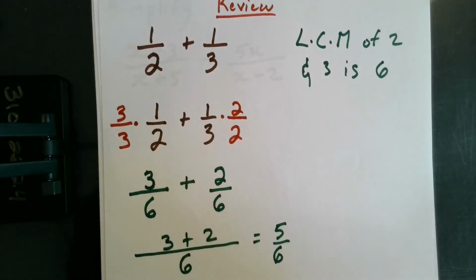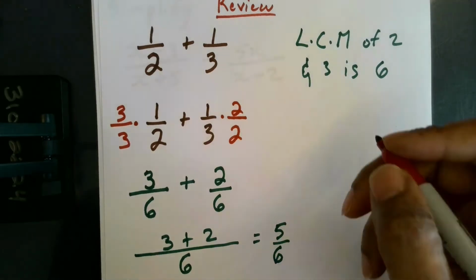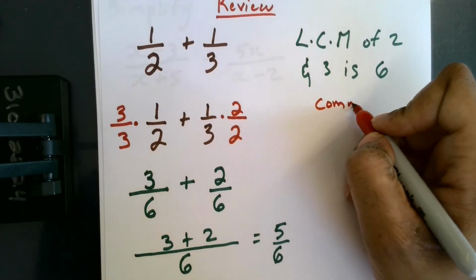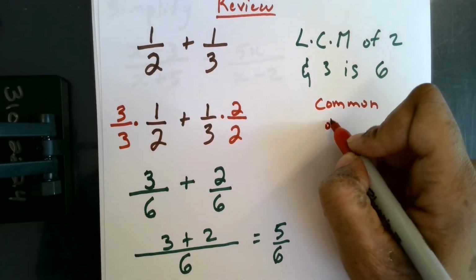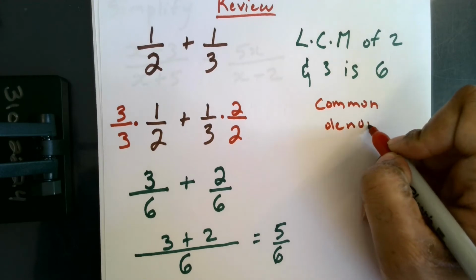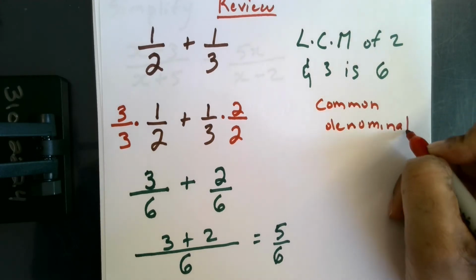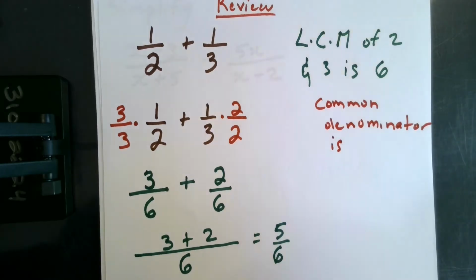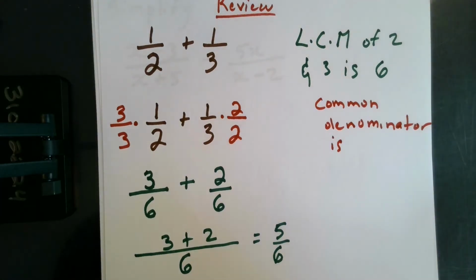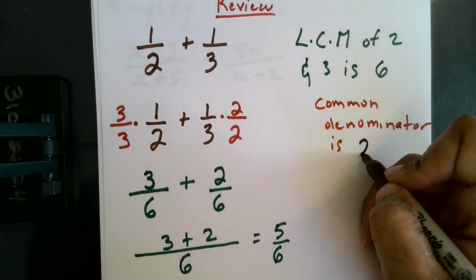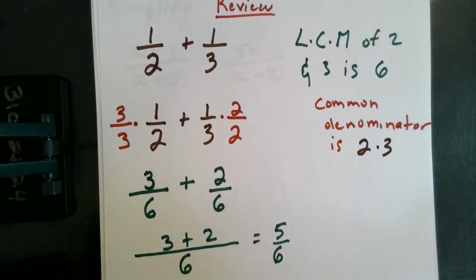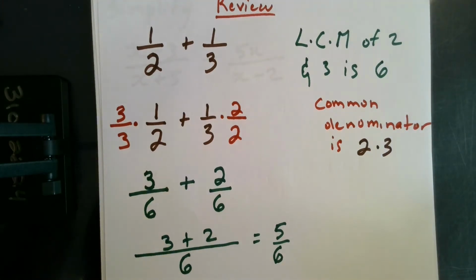Okay? I could have said from early the common denominator is 2 times 3, yes, which is 6.